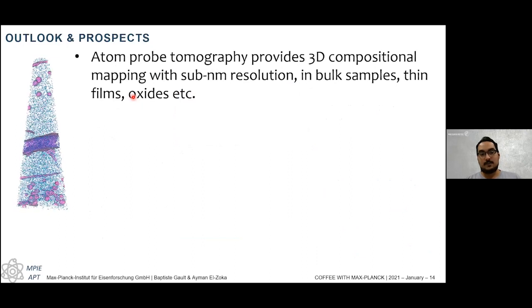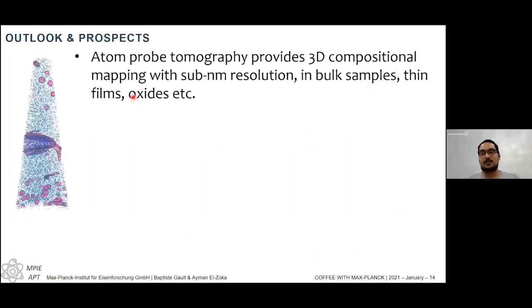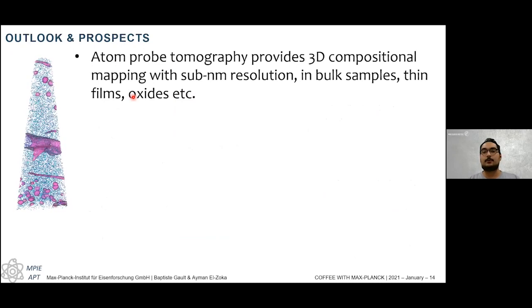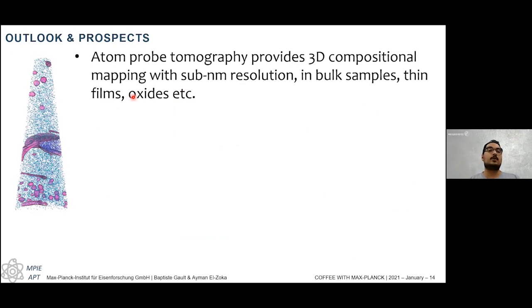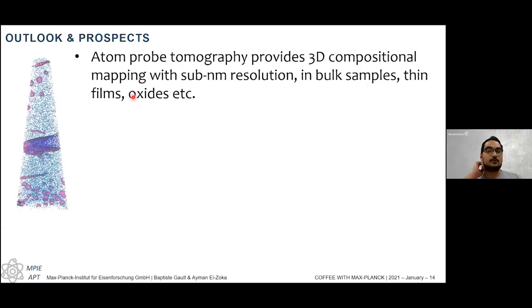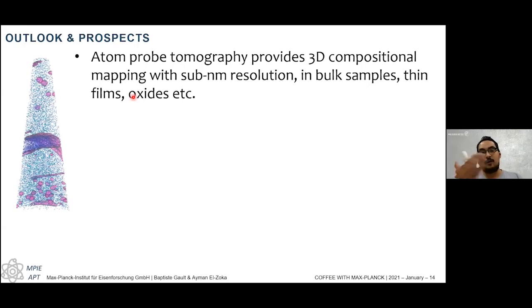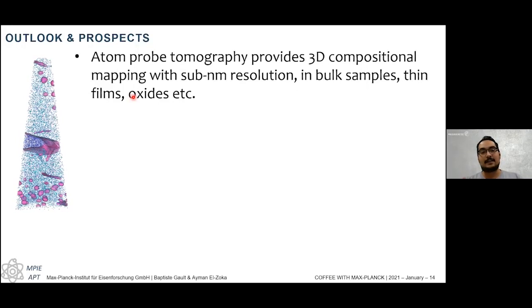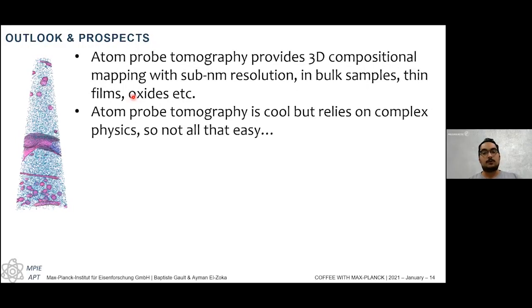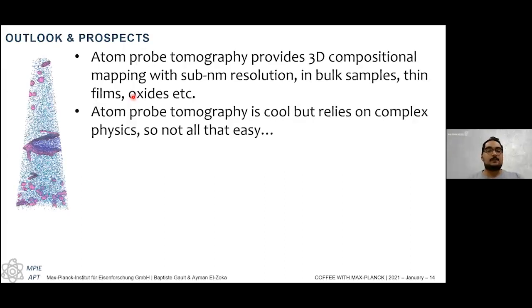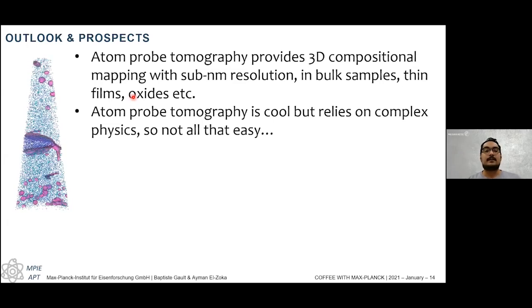So just at the end, I would like to conclude the presentation by stressing that atom probe tomography is able to provide 3D compositional mapping with sub-nanometer resolution in bulk samples, and of various natures: metallic, thin films, oxides, etc. We can also see through this presentation that atom probe tomography is pretty cool, and it gives a lot of advancements into characterization of materials, but it has a lot of underlying physics that is not easy to understand, and there is still a lot of work on that.